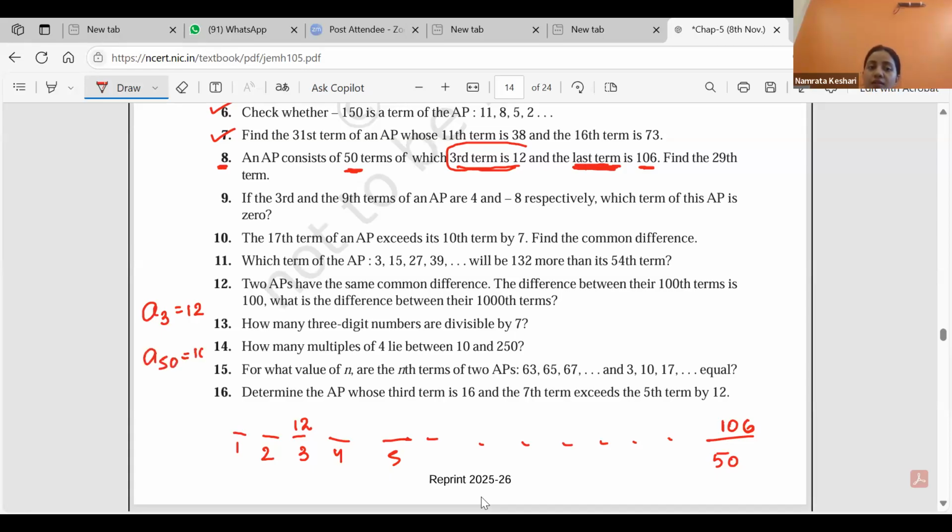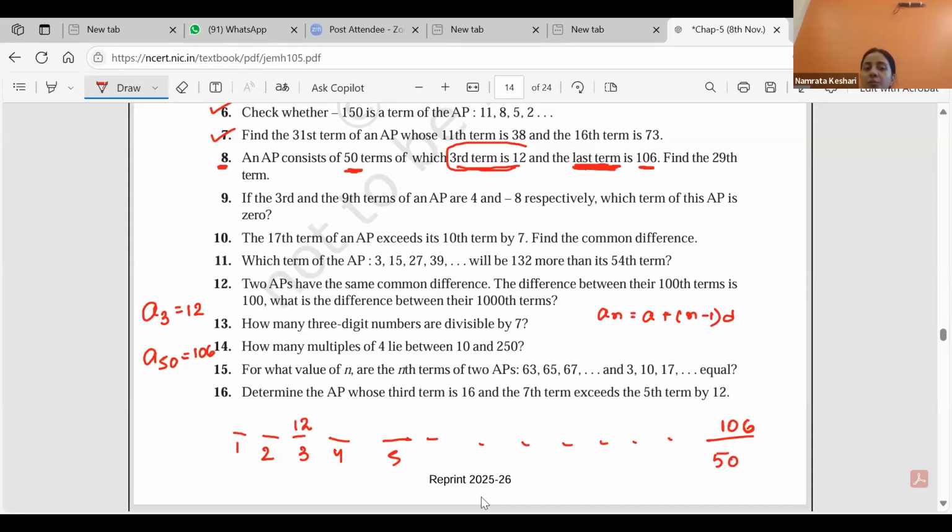Everyone, are you getting it? Now, once you have these two conditions, you end up getting two equations. If you are wondering how, let me tell you the formula you will be using. The nth term formula: an is equal to a plus (n minus 1) into d.